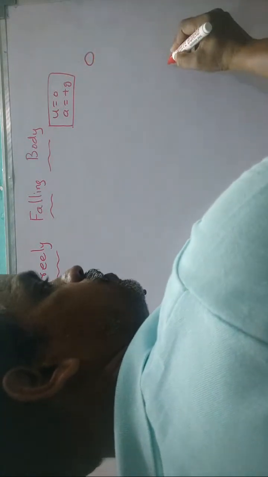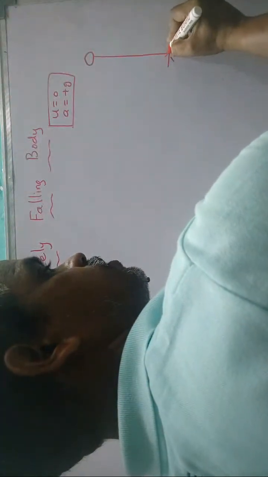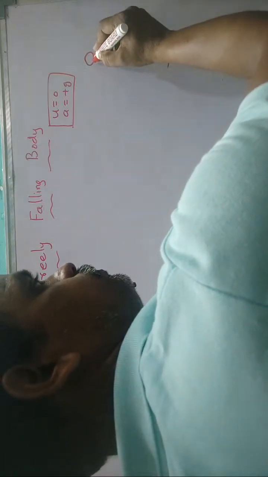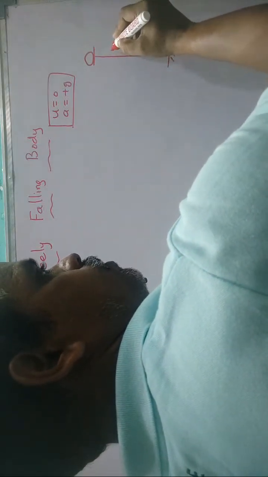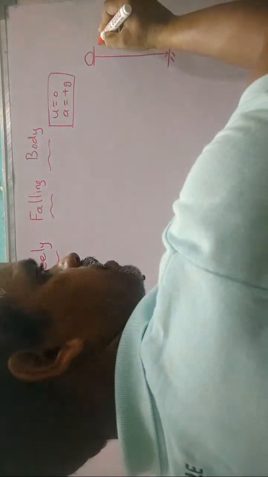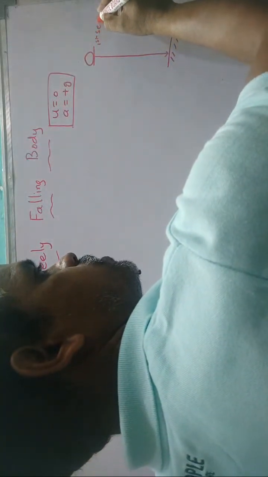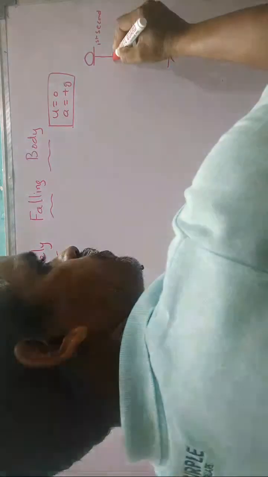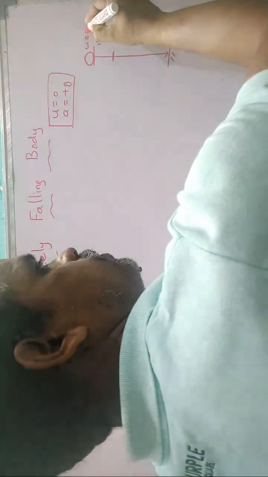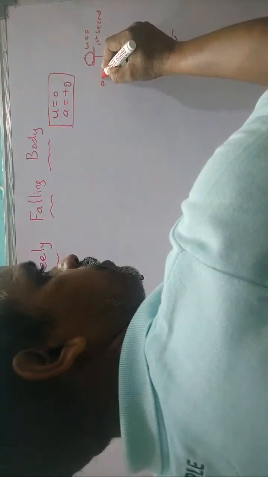So here, this is the wall, this is the surface of the earth, the ball is coming down. In the first second, displacement, it started with u equal to 0, then a equal to plus g.